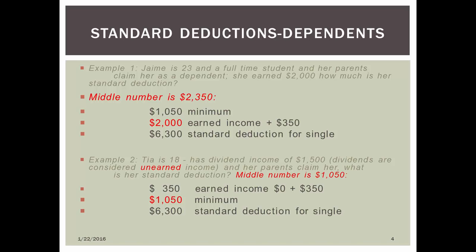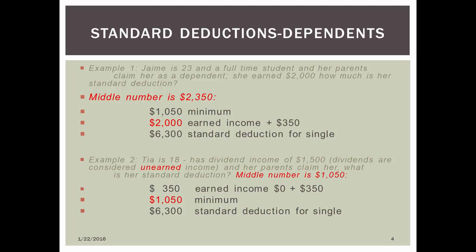So here are a couple of examples. The first one, Jamie is 23 and a full-time student, and her parents claim her. She earns $2,000. How much is her standard deduction? We're going to write down $1,050, and she's single, so her normal standard deduction from Chart A, if she were just a Chart A person, would be $6,300.